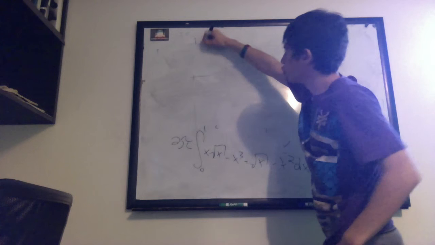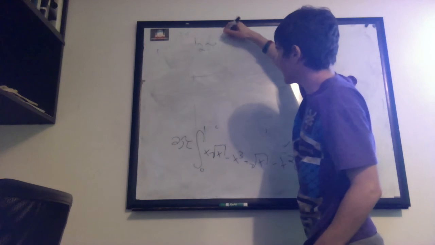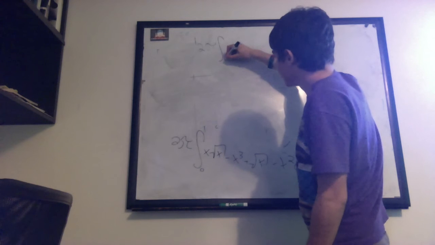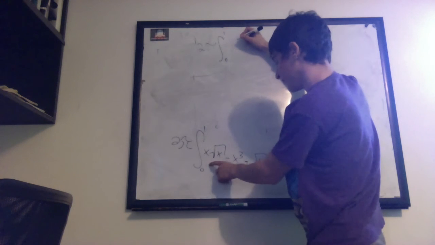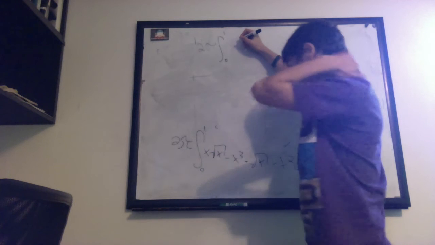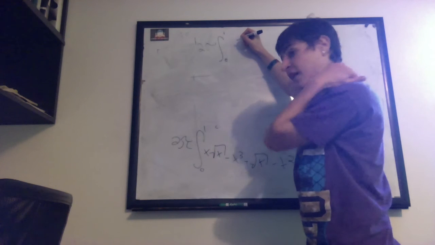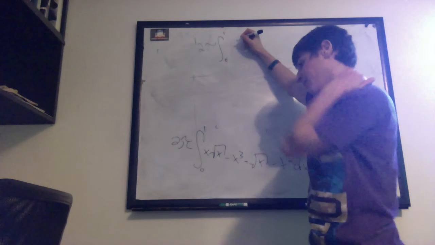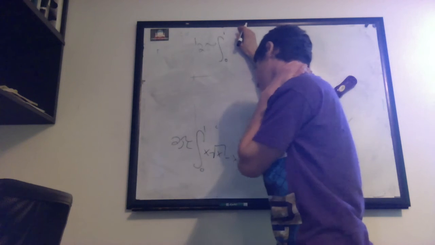So it's 2 pi times the integral from 0 to 1. And I'm just going to write these terms better. So that's x to the 1/2 times x to the 2 over 2. When you're dealing with exponents and you're multiplying them, you add.